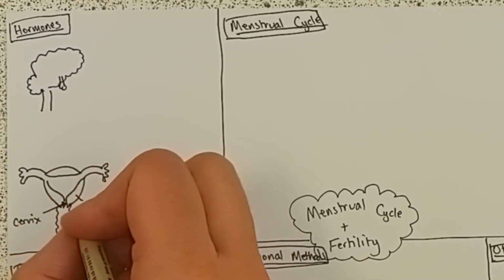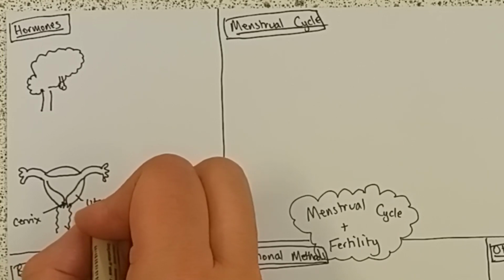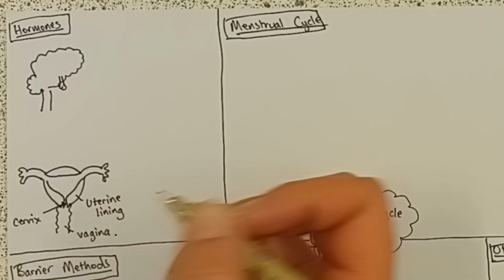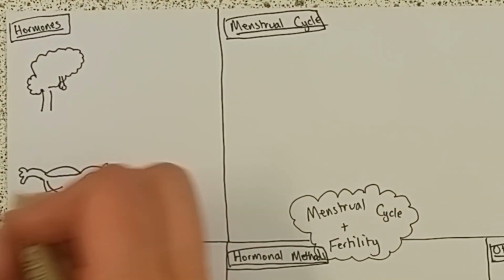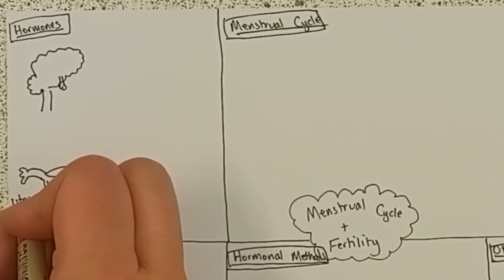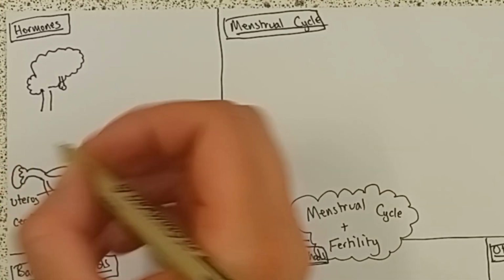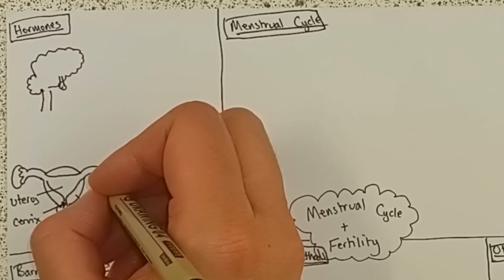And this is the uterine lining. We'll be talking a bit about that later. This is the uterus, the space where the baby grows. And here, looks like it's holding 2 rugby balls, are the ovaries.